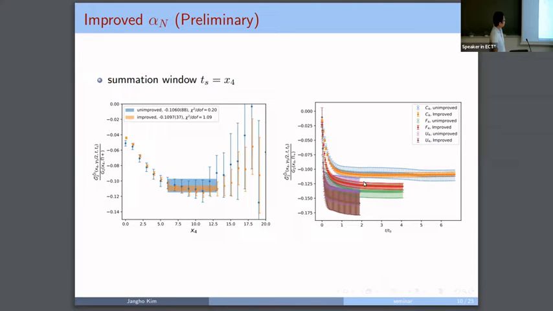If you see this blue and orange, the improved one is much better, and also much better for the other ensembles. And this is the scale.